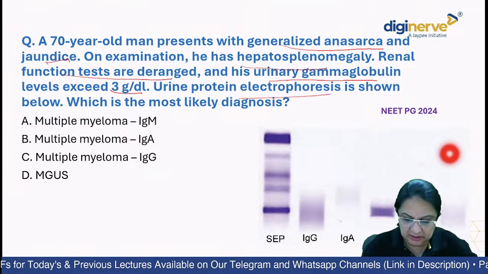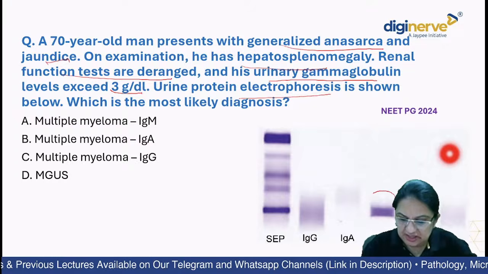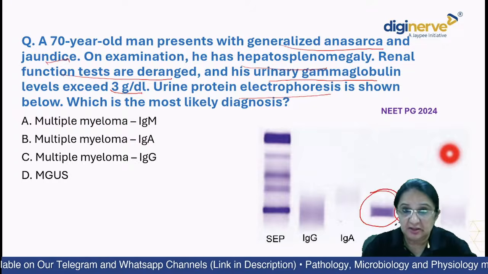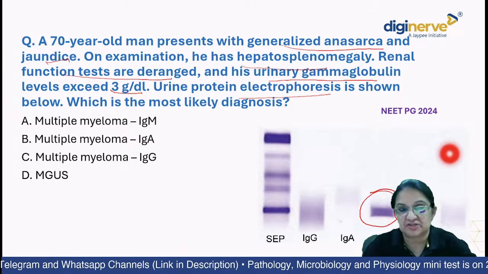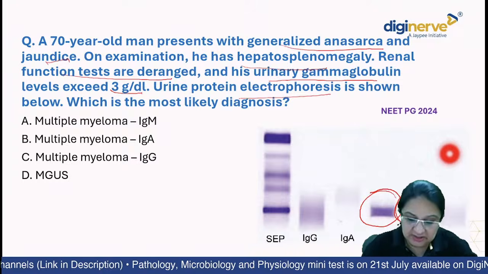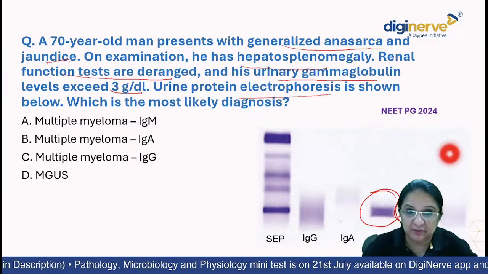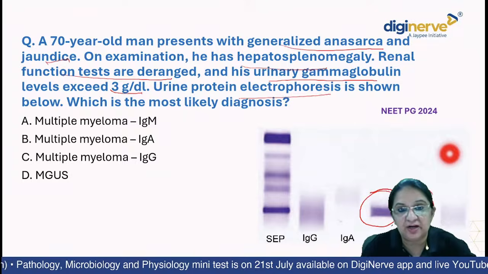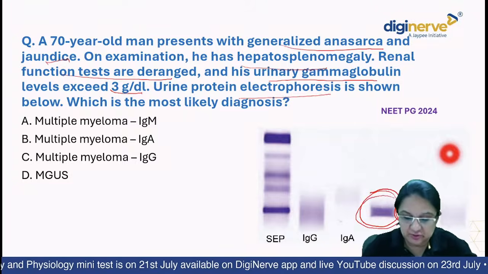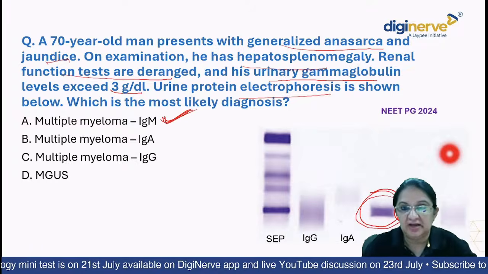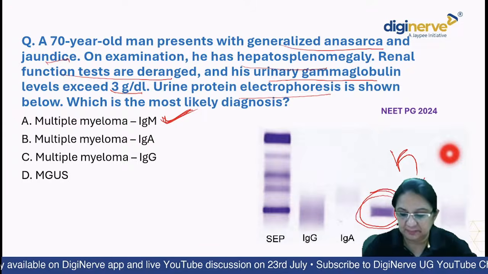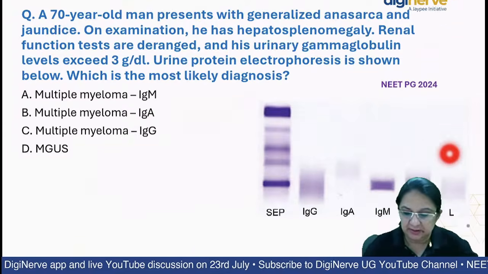So here, you see a band in IgM, and you see a band in kappa chains, right? Kappa region. So the diagnosis is multiple myeloma, but whether it is IgM or IgA or IgG, you will see a band in IgM, so it is IgM. And if they ask you about the light chain, it is kappa light chain. All right. This is how you can interpret the electrophoresis.